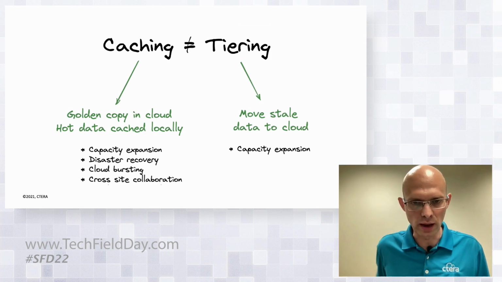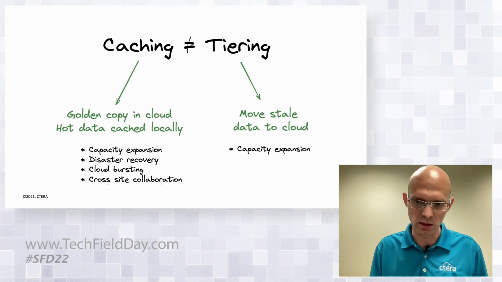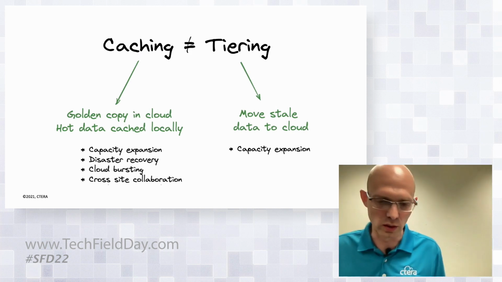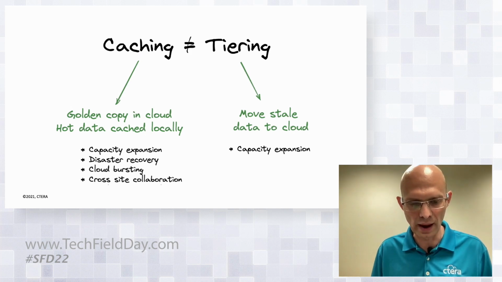When you try to access information that's stale, that's not available locally, it will go to the cloud and fetch it, and then you will have this penalty of the cache miss. And it's the same for tiering.